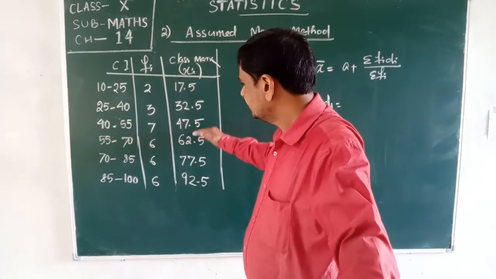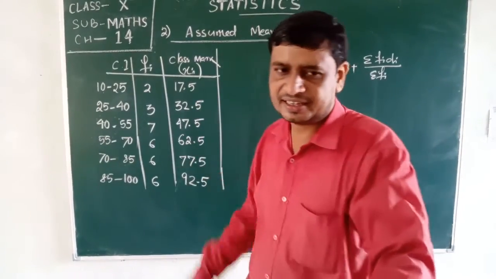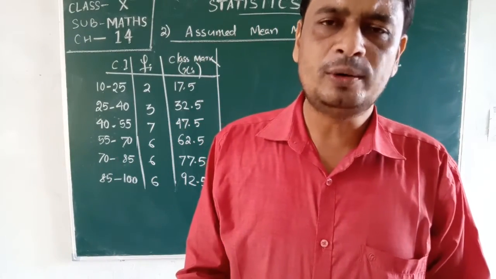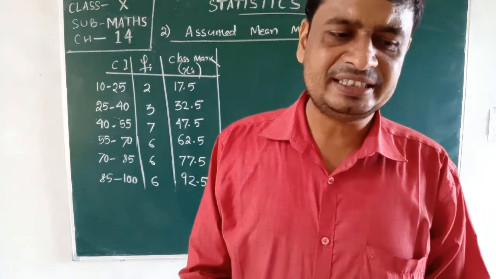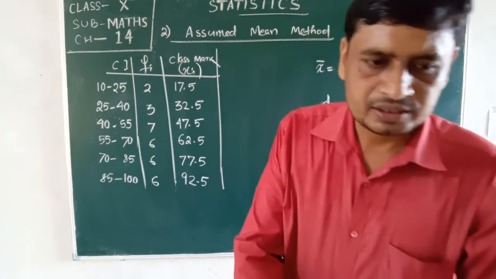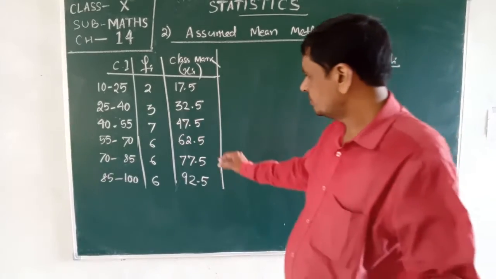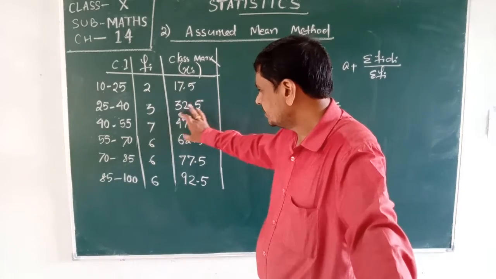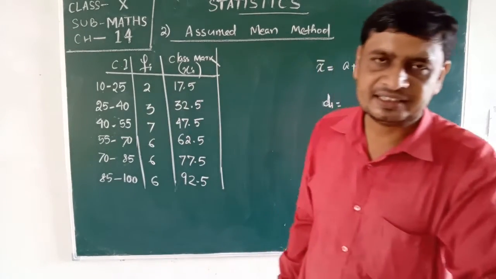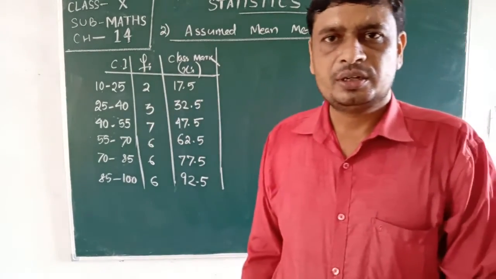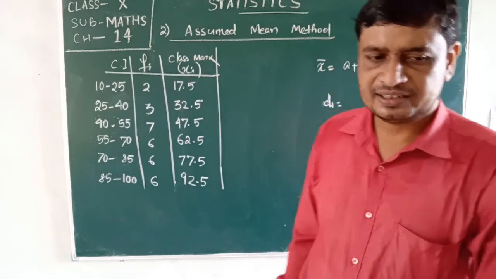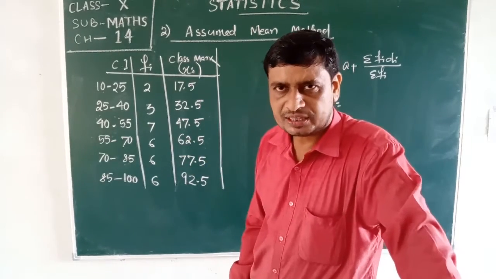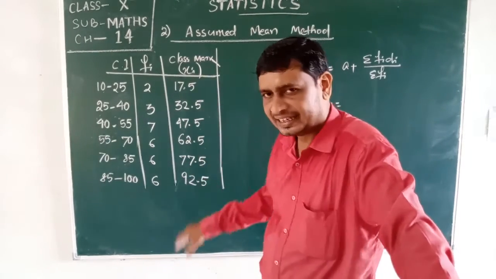Here 6 observations are there in the xi column. There are 2 observations presented in the middle. We have to choose any one out of these 2 middle observations. We should prefer the observation having more frequency. Like here, 47.5 and 62.5, both are present in the middle of this xi column.